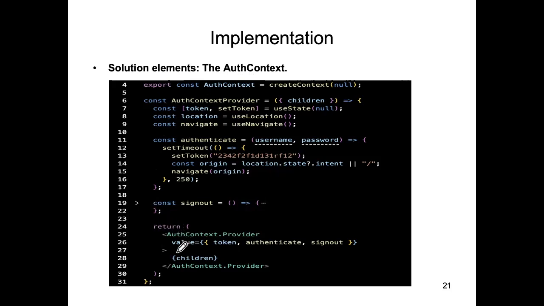And eventually down here, I'm showing you what I'm putting into my orange box, into my auth context. Well, I'm putting in the token, and I'm putting in the two functions that I've declared above, because it's other components that are actually going to be invoking these functions, as we'll see in a moment. So in this case, my context is not sharing just data, it's also sharing functions or making them available to other components.